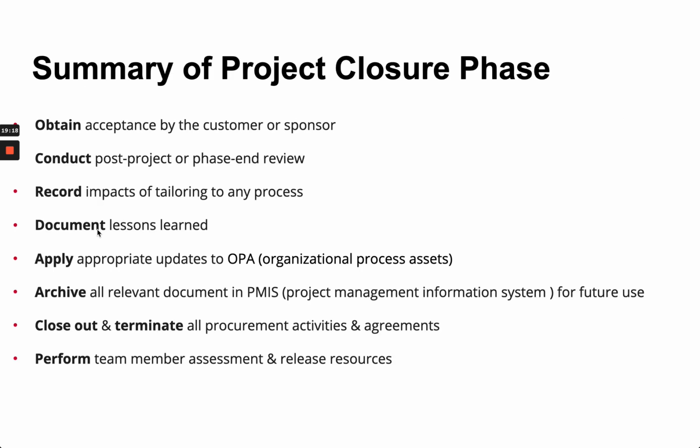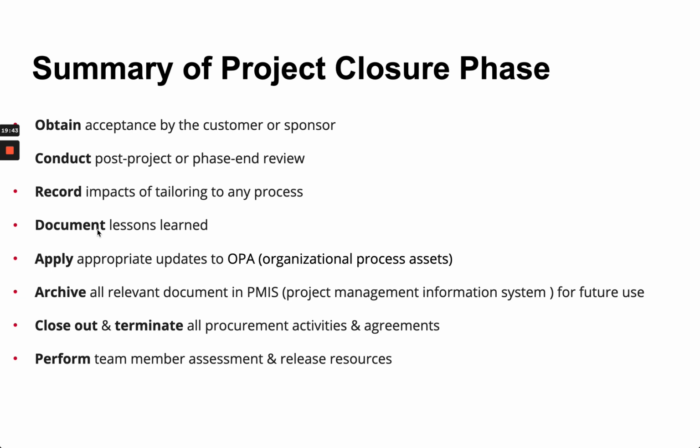So you want to make sure in the project closure phase, you obtain acceptance, you do a post-review, you want to look at lessons learned. How can we do better the next time based on the lessons learned this time?